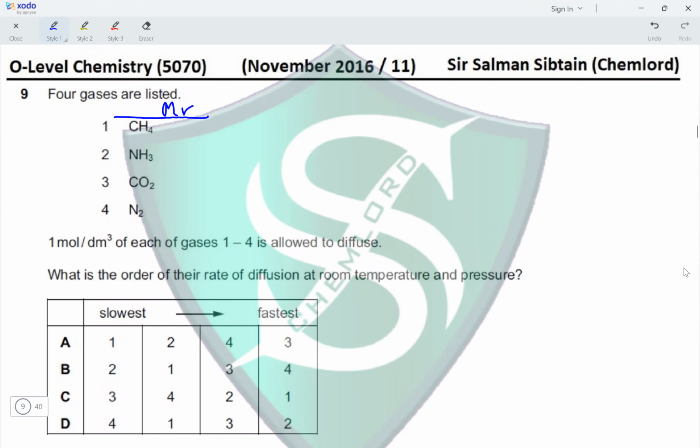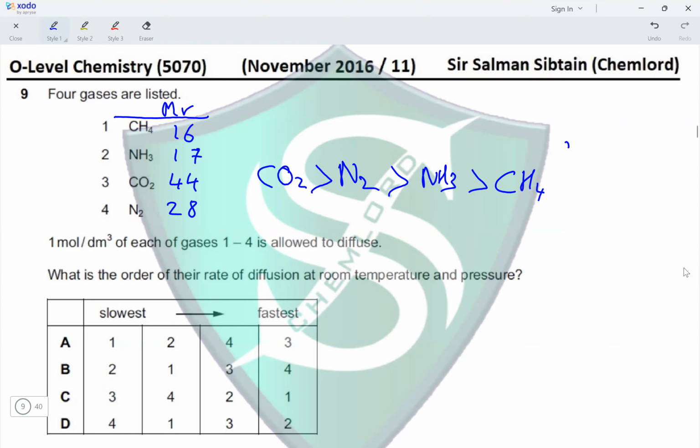So the Mr of methane would be 12 plus 4, 16. That of ammonia would be 14 plus 3, 17. That of carbon dioxide will be 12 plus 32 gives 44. And that of nitrogen will be 14 times 2, which is 28. So the gas that would diffuse the fastest would be CH4, which is followed by NH3, which is followed by nitrogen, which is followed by carbon dioxide.